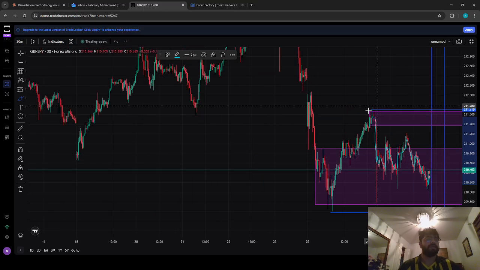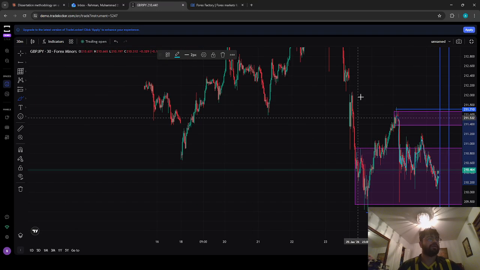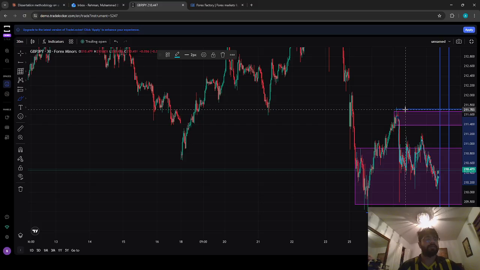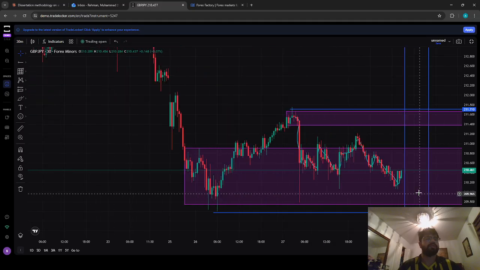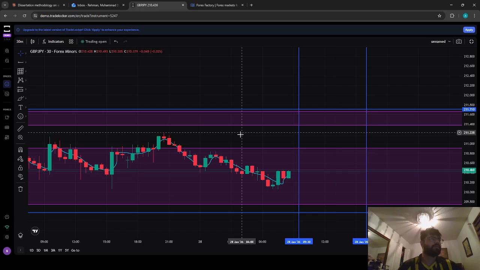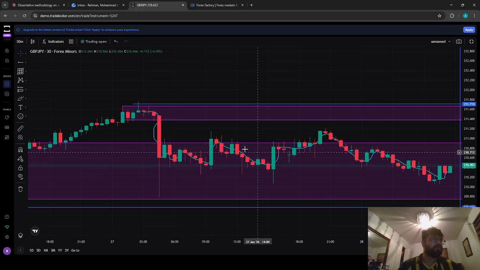If you guys can see that, higher high, lower highs, lower lows, lower highs, lower lows. But I think structure was broken there. Not bad. Structure was broken there. Structure was broken right here.